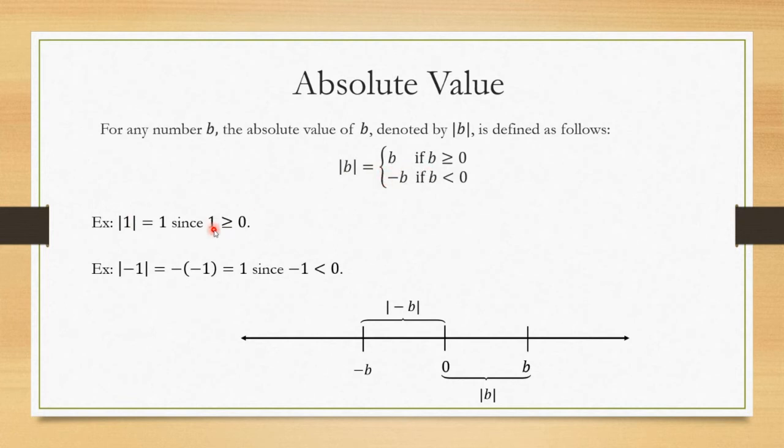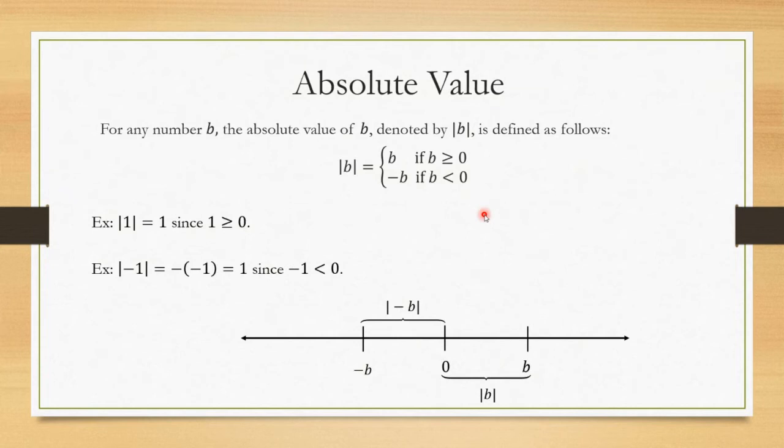For negative 1, the absolute value of negative 1 is negative negative 1, which is just 1, since negative 1 is negative, so you get negative the number back. Okay, that probably is confusing, which I understand.